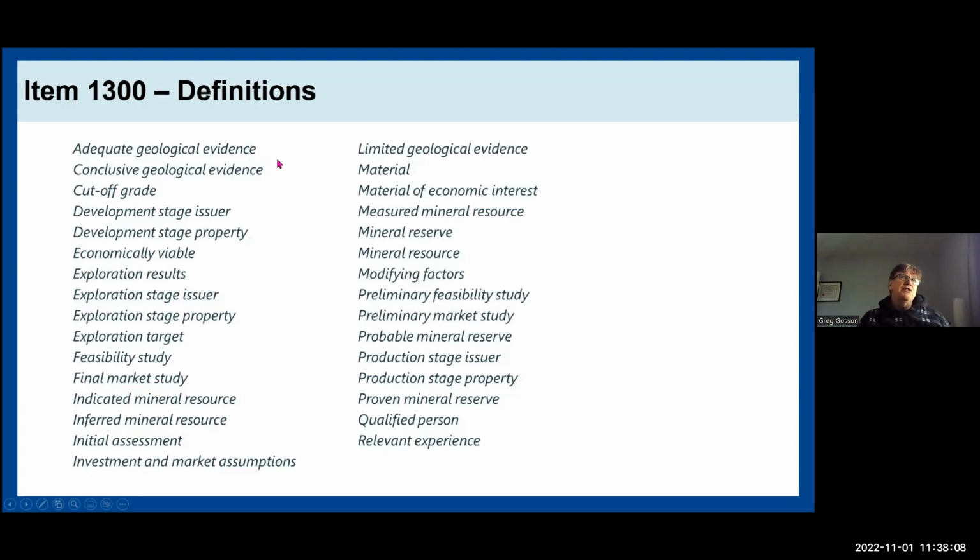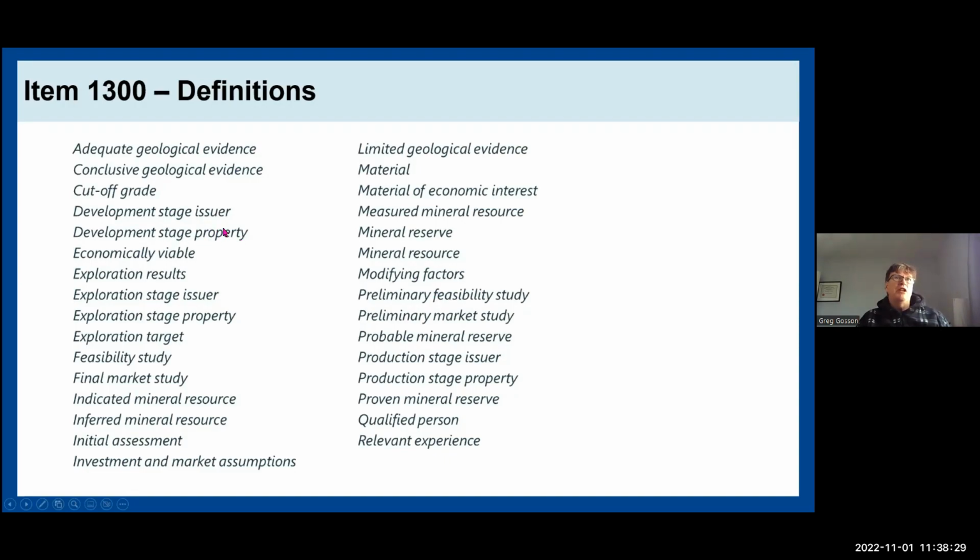You don't see this in the CRIRSCO family of codes. You don't see this in 43-101. They define cutoff grade. Cutoff grade means a lot of things to different people, so the SEC wanted to be very clear on what they wanted to call that. They define different stages of registrants, whether development stage or production stage, and the properties that they have.